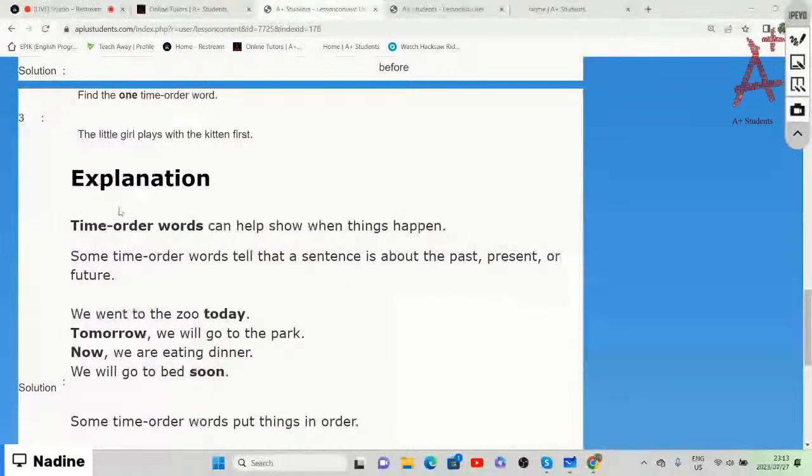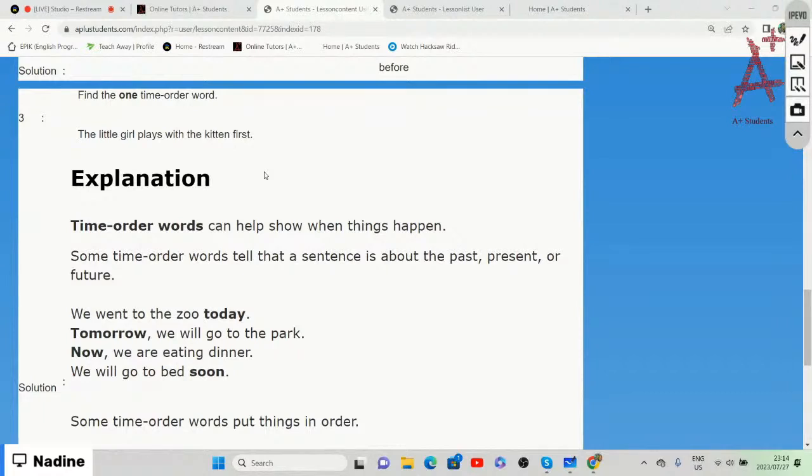We need to choose the time order word within that sentence. And remember, we said time order words show when things happen.